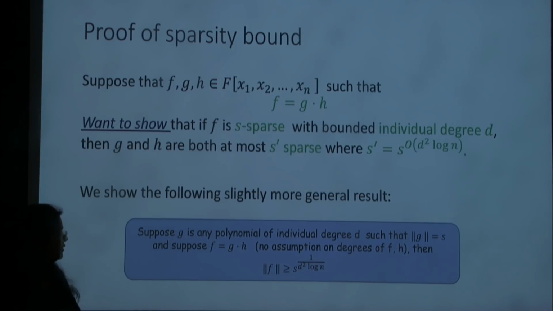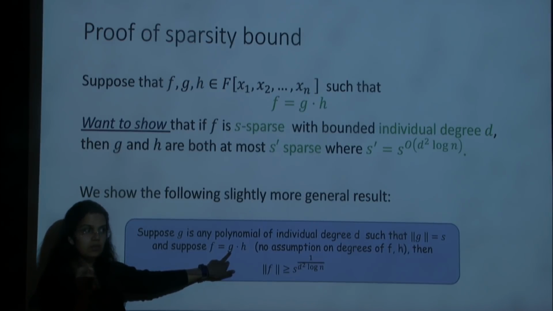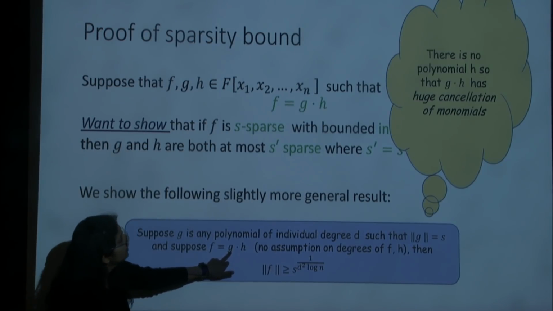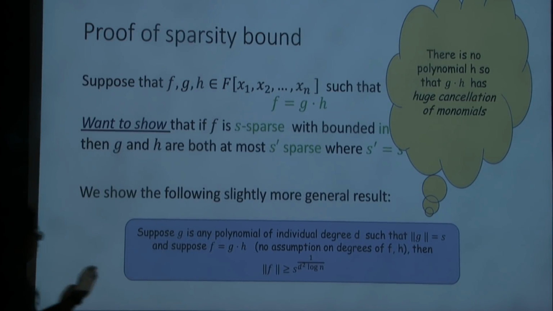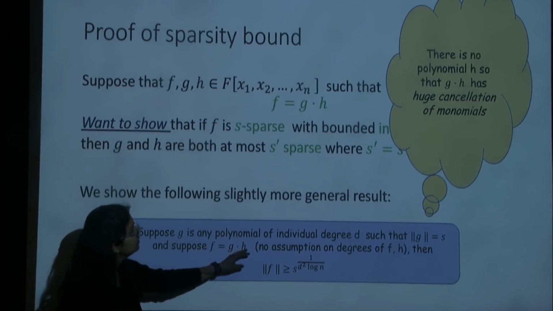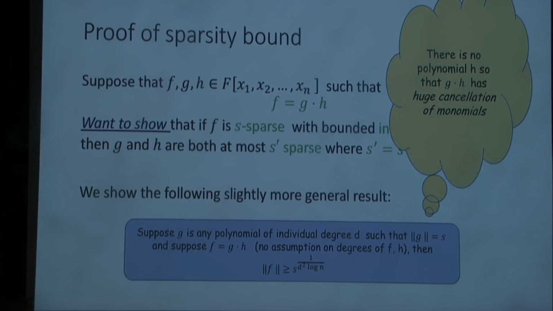So we won't care about the degrees of f and h as long as g has small individual degree. We want to show that as long as g has small individual degree and is sparse, there's nothing we can multiply g with that will have overwhelming cancellation of monomials to give a very sparse polynomial. So this is what we're going to show.